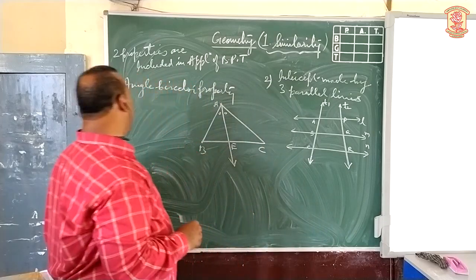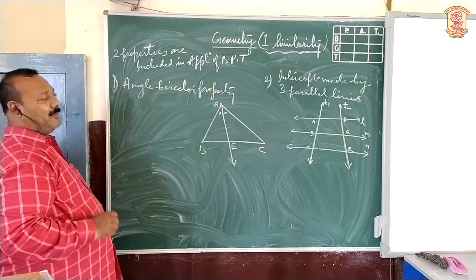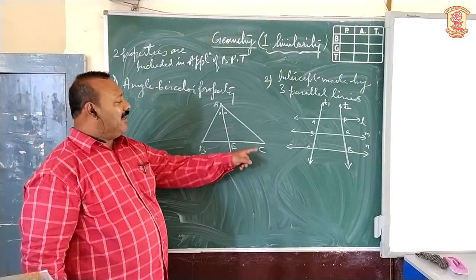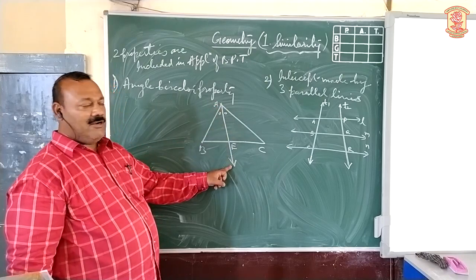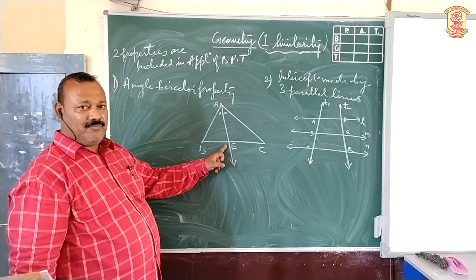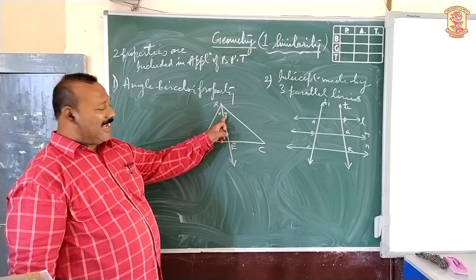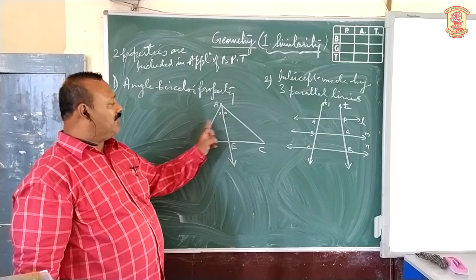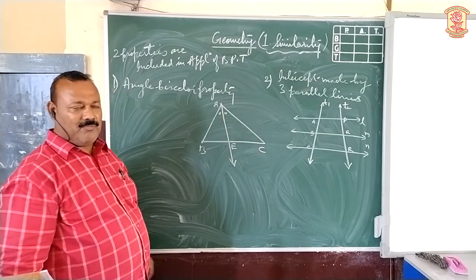Now, what is the first application regarding angle bisector property? In any triangle, the angle bisector divides the opposite side to the opposite angle in the ratio of the remaining sides of that triangle.